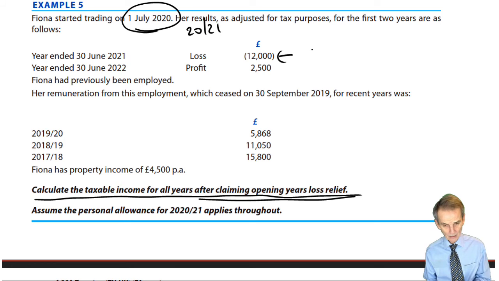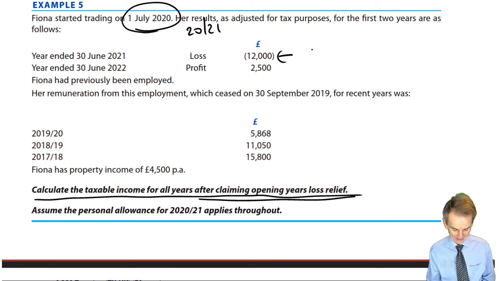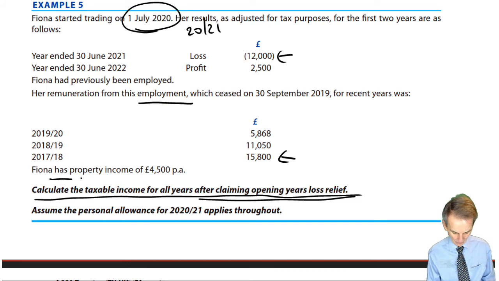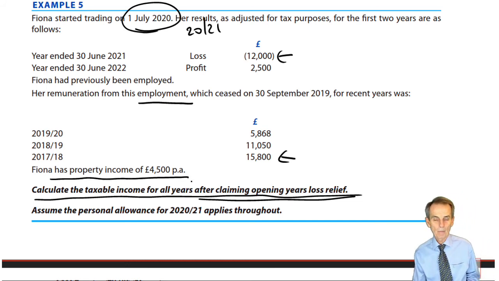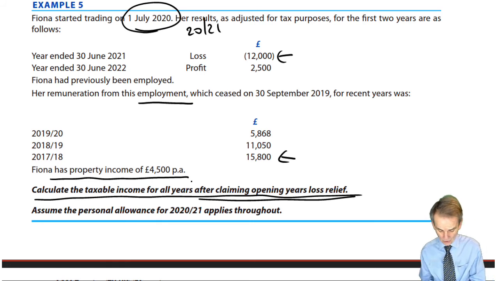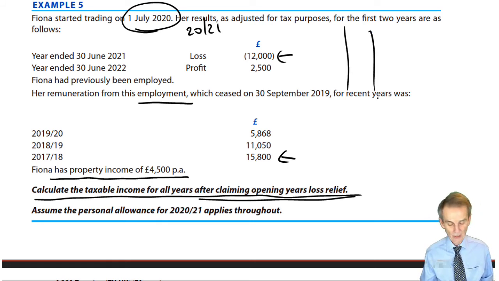From 2021, that will take us back to 2017-18, which is why we've gone back as far as 2017-18. But not only did we have employment income for those years, we also had property income. Remember your layout: for each tax year, we're going to have to go back as early as 2017-18 and then go through as far as the information provided allows.